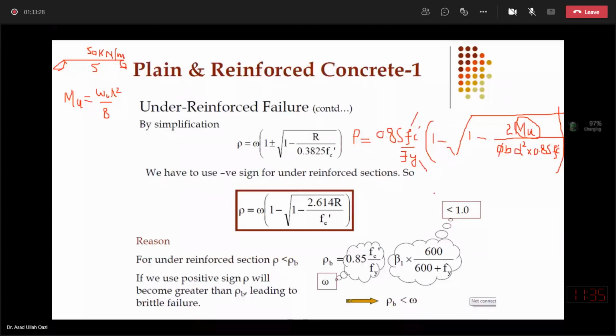So normally for low cost projects, you will select fc prime 20, and fy now in Pakistan is typically used of grade 420. So it will be your choice to select fc prime and fy if not given in the statement.